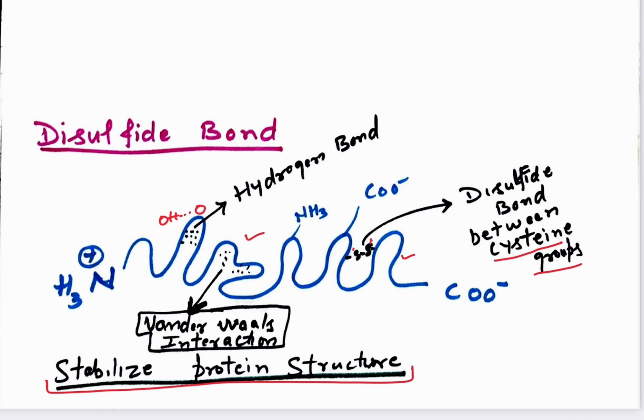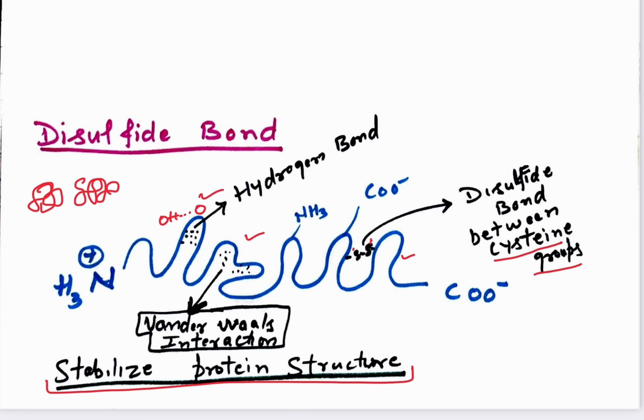And not all proteins are folded like this. They can be folded in different ways, like this, or something different like this. It depends. So I just want to talk about the hydrogen bond.